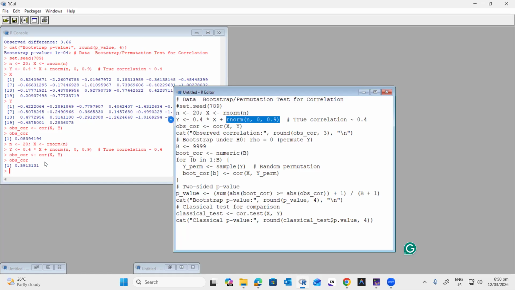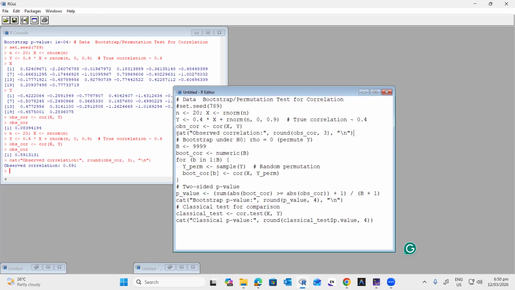Here we are printing the observed correlation.